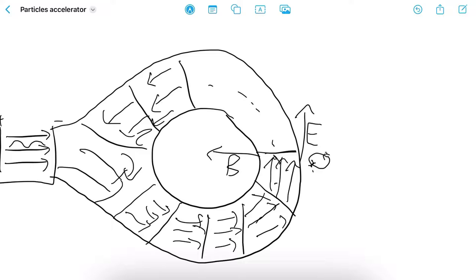So what we need to do is put that loop of currents inside a vacuum, and the protons are traveling in the vacuum as well, and the vacuum has no air particles that resist the motion of the protons and the electrons in a loop of current.